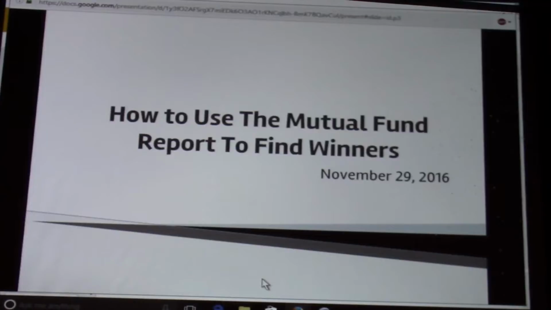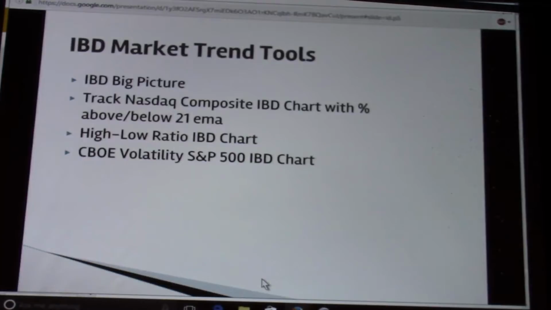After our last meeting, Sam and I were talking about how I'm really finding interesting tidbits in the mutual fund report as I understand and learn more about what the status of the market is. And that's one of the things Sam challenged me with: okay, then put something together to show you how to use the mutual fund report to do this. So that's what I put together today.